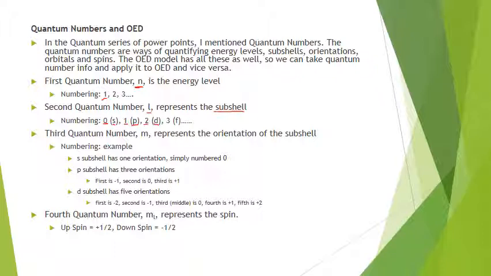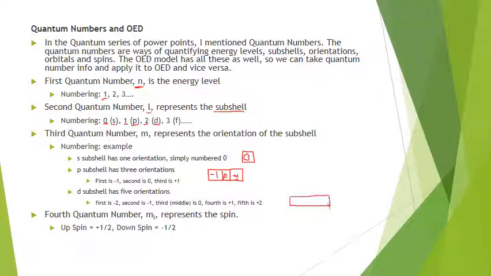The third quantum number, M, represents the orientation of the subshell. So remember, S has one orientation, just one orbital. A P had 3 orbitals, and each orbital represents an orientation. So for the S subshell, that one orientation gives a value of 0. For the P subshell, the values go -1, 0, +1.